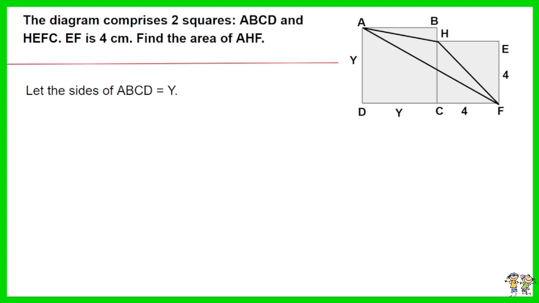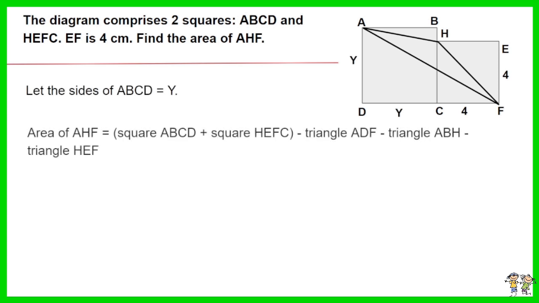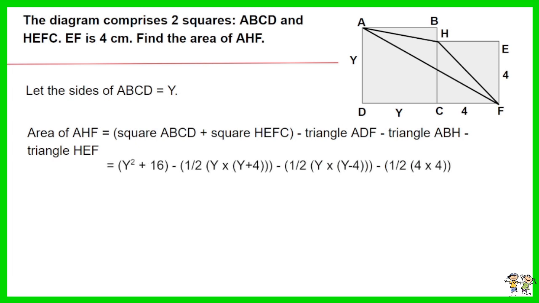Let the sides of ABCD equal Y. Area of AHF equals square ABCD plus square HEFC minus triangle ADF minus triangle ABH minus triangle HEF. Square ABCD equals Y squared. Square HEFC equals 4 times 4 equals 16.